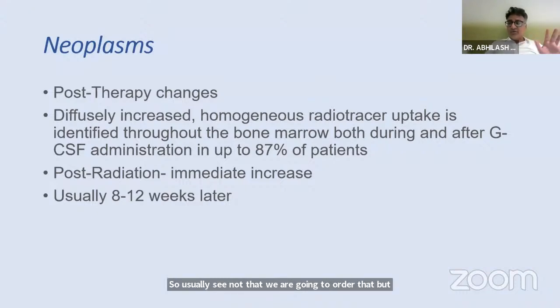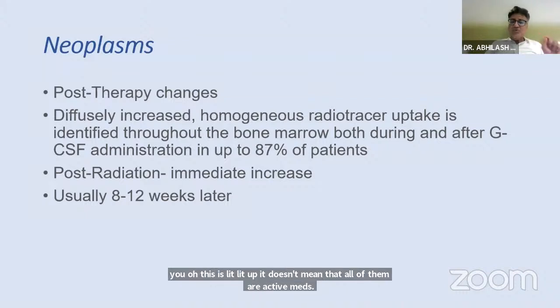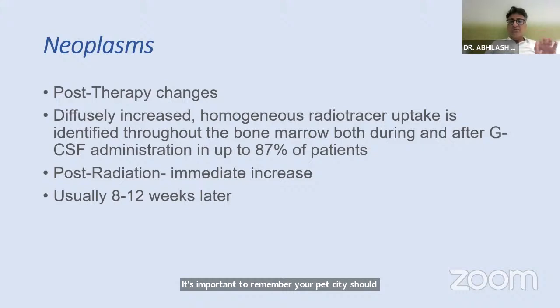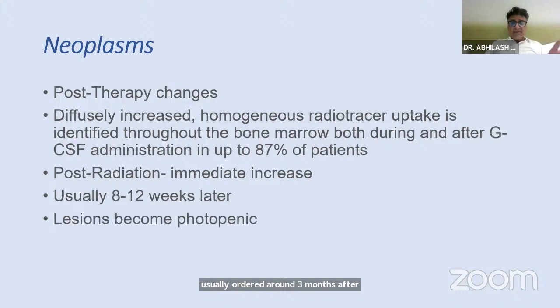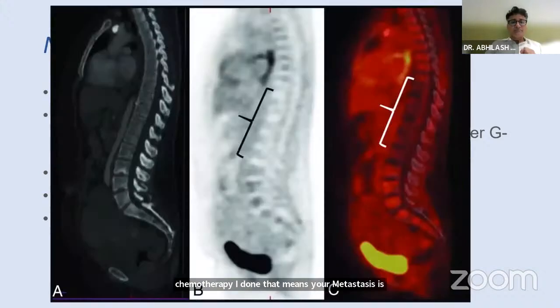It doesn't mean that all of them are active mets. It's important to remember your PET-CT should usually be ordered around 3 months after radiation or GCSF therapy. As I mentioned, the lesions will gradually become photopenic once the initial changes of radiation and chemotherapy are done. That means your metastasis is responding to whatever treatment has been given.